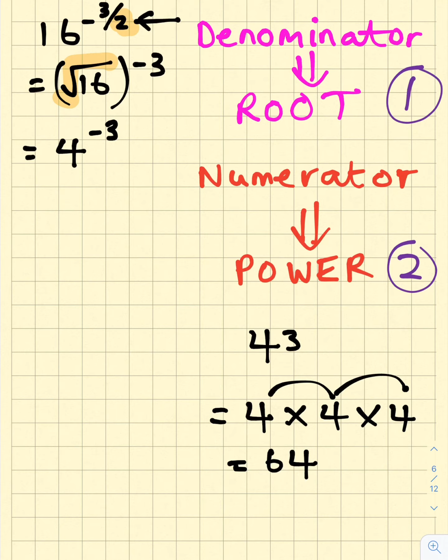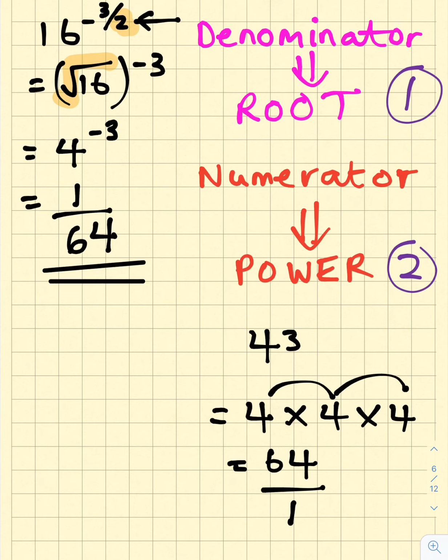Okay, and then we know that negative powers lead to reciprocals. So the reciprocal of 64, remember we can write 64 as a fraction, 64 over 1. So the reciprocal would be in fact 1 over 64. And we can double underline our answer and commit to that there.